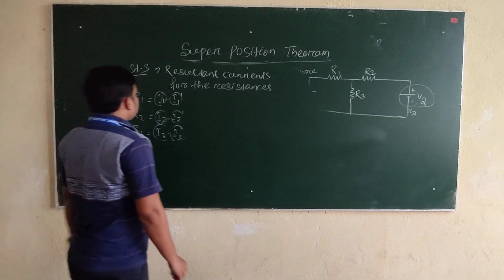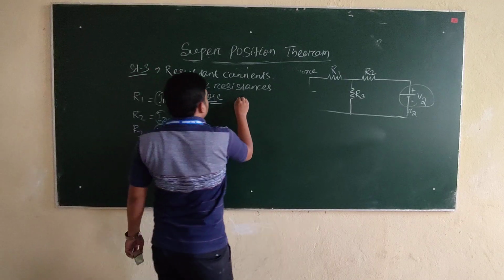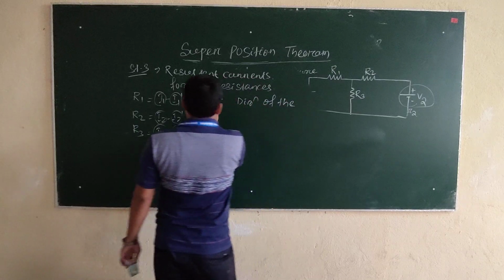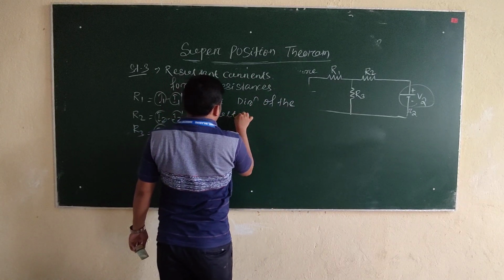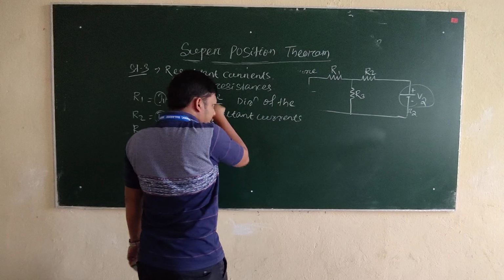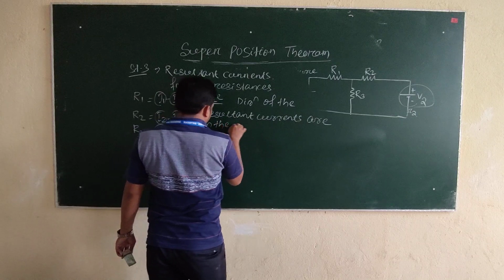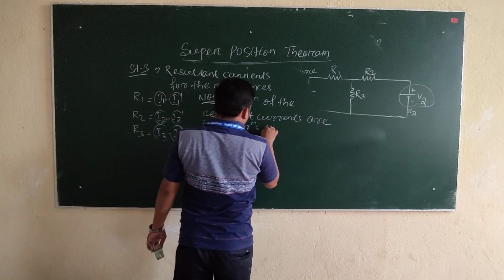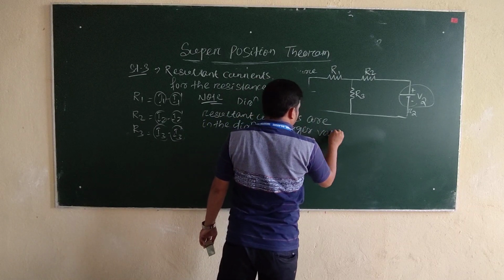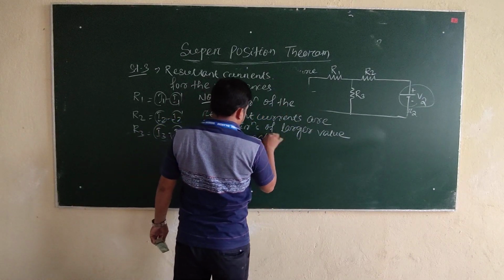Now, there is an important point to note: the directions of the resultant currents are in the directions of the larger values of currents.